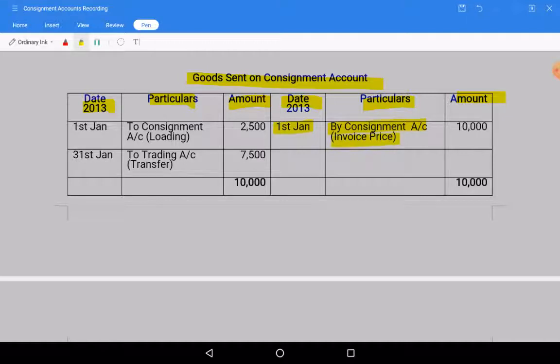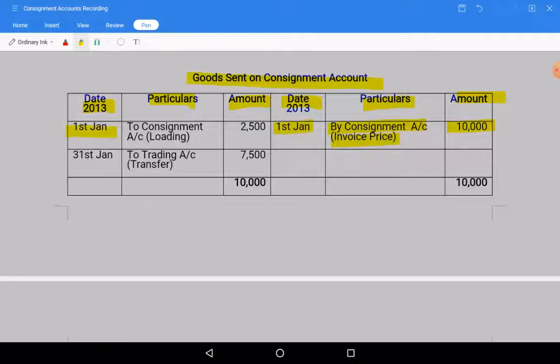The same transaction you can see on the debit side of the consignment account as to goods sent on consignment. I have just now said if there is any transaction with invoice price, the related loading portion will be on the opposite side. So in the consignment account also, goods sent on consignment will appear on the credit side, and the loading portion on the debit side.